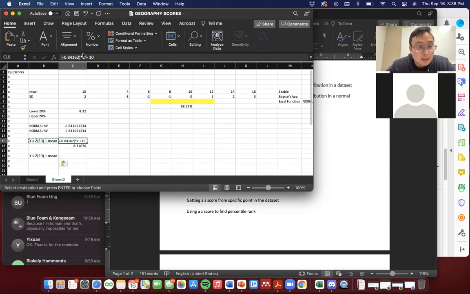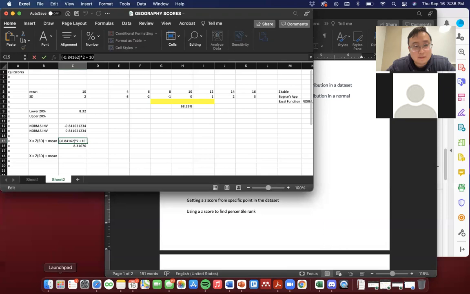I didn't think it was going to be that nice. So we can copy this here and change it to positive to get the 80th percentile mark. You have to get the 80th percentile mark to know the upper 20.